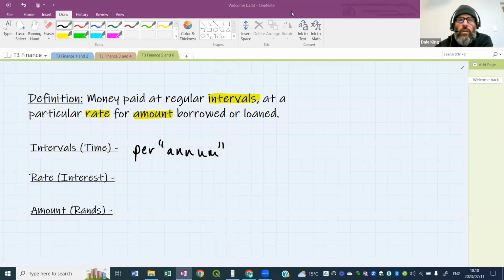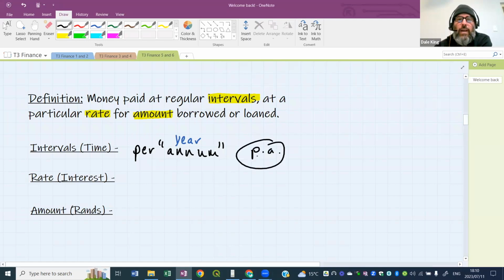Yes, a year. Thank you, Bianca. Good. A year. Per annum or per year. You often see in mathematical questions that they will use the letters PA. PA stands for per annum or per year. So interest calculations are often given as an interest calculation per year. It's applied per year or per annum.